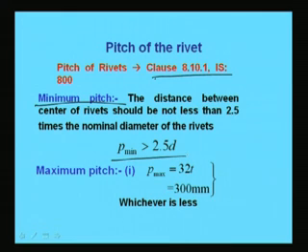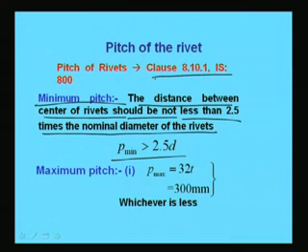That means the distance between centers of rivets should be not less than 2.5 times the nominal diameter of rivets. That means minimum pitch should be greater than 2.5 d, where d is the nominal diameter of the rivet. So, this is the criteria which we should maintain when we will be designing the joint.